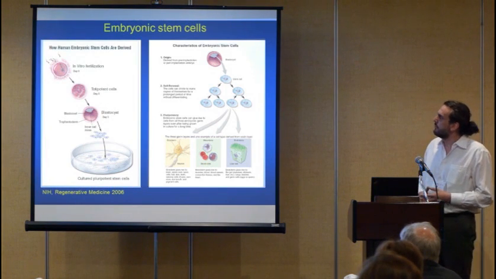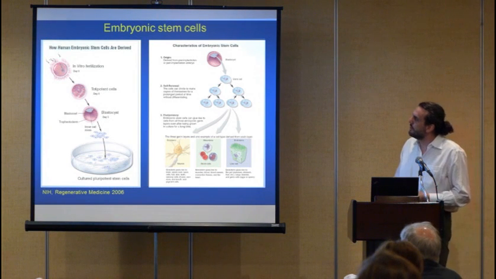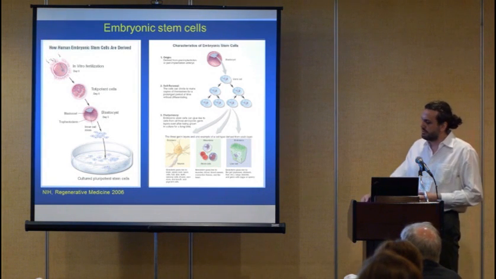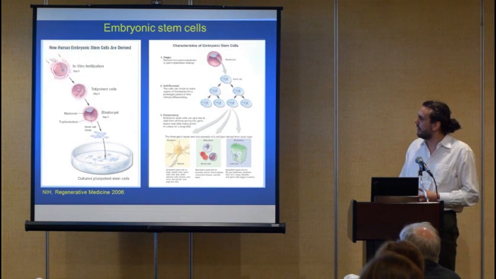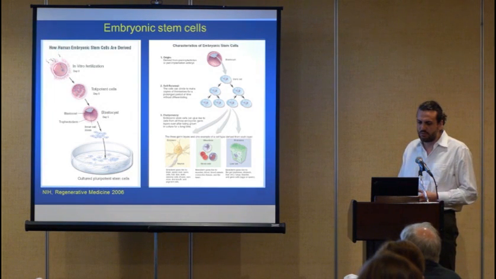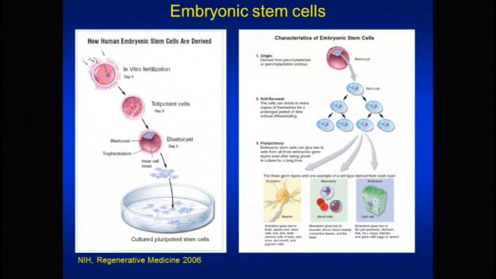For those who are not familiar with embryonic stem cells, I think it's a good introduction. I took this cartoon from an NIH book that explains the notion of embryonic stem cells. An embryonic stem cell is in fact an artifact of cell culture.